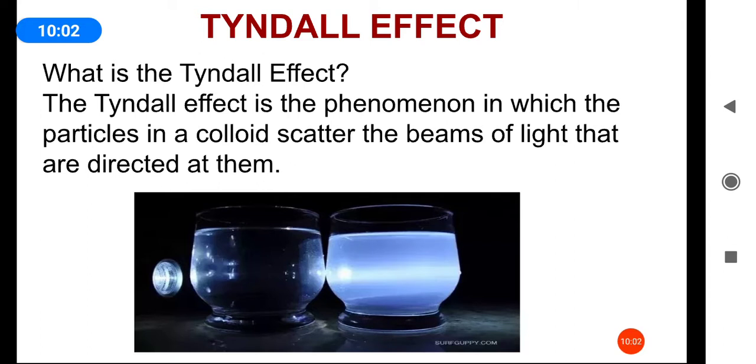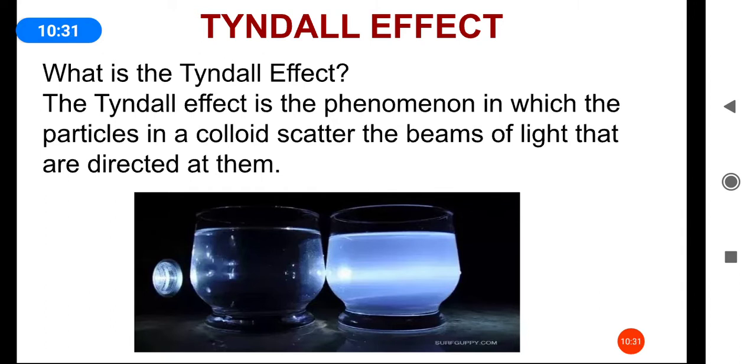The light collides with the colloidal particles and is scattered. This scattering makes the path of the light beam visible, as illustrated below. In this picture, we can see that when the beam of light passes through the colloidal solution, the colloidal particles scatter the light.